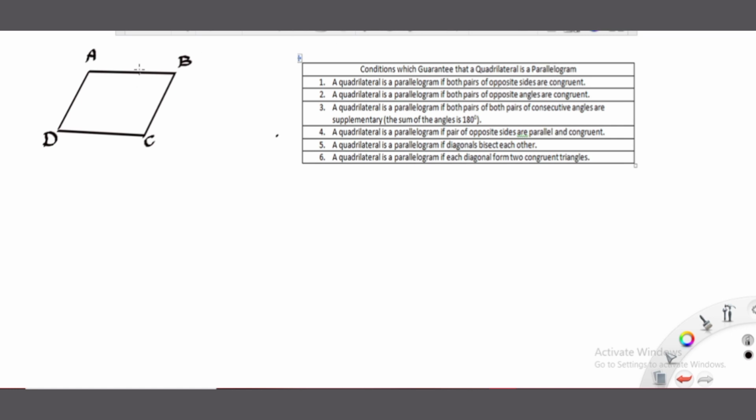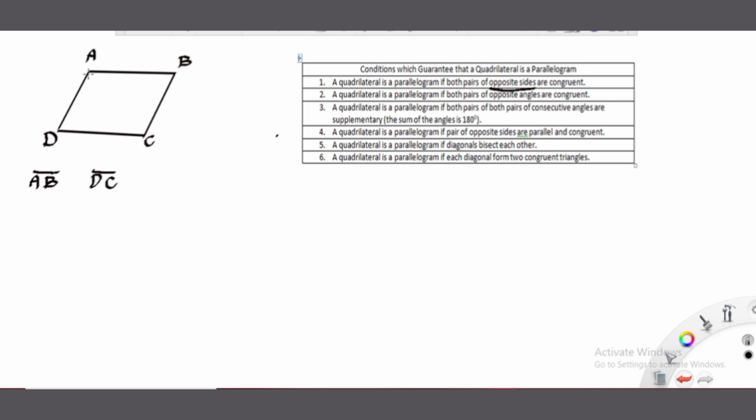So in this given quadrilateral, what are the pairs of opposite sides? Again, when we say opposite sides, these are sides that have no common endpoints. If we are talking about side AB, opposite to it is side DC.